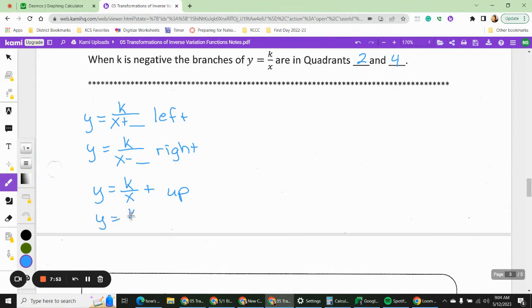If something is being subtracted after the fraction, the graph moves down. And anytime we have the negative in front of that fraction, that's a reflection. So those are some of our big changes there. You need to go ahead and write that in your notes. You're going to use this guide quite a bit here, so pause and make sure you get that.